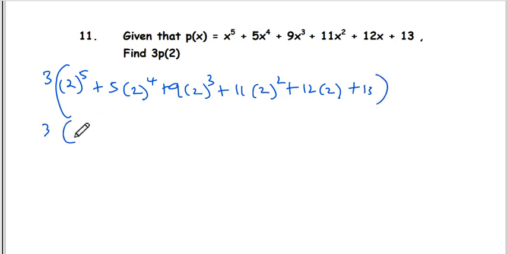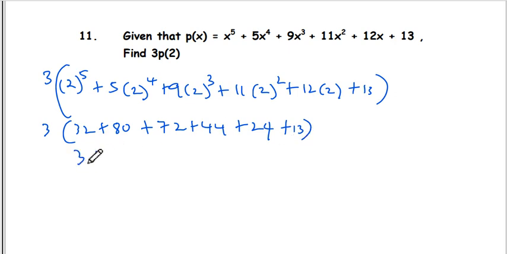So that's 3 bracket. 2 raised to the power of 5 is 32. 2 raised to the power of 4 is 16. 16 times 5 is 80. Plus 2 raised to the power of 3 is 8, sorry. 8 times 9 is 72. 2 raised to the power of 2 is 4. 4 times 11 is 44. 12 times 2 is 24 plus 13.